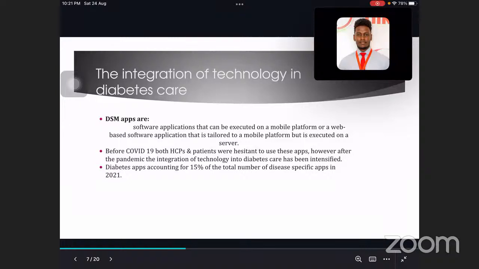The use of these applications before COVID-19 was limited due to hesitation from both sides, the patient and their healthcare providers. And after the COVID pandemic, the integration of these applications into diabetes care has increased.